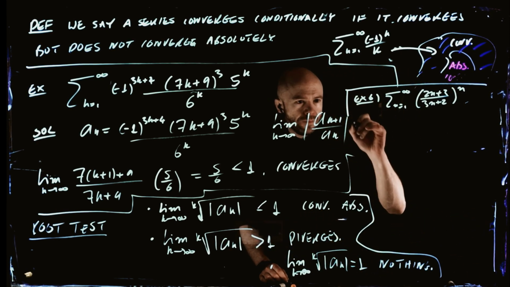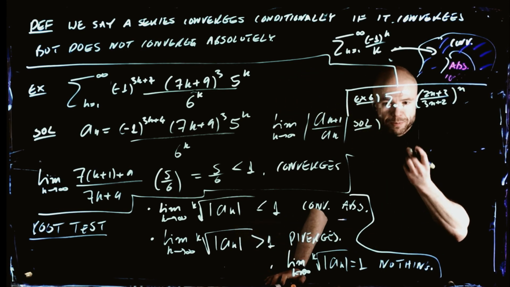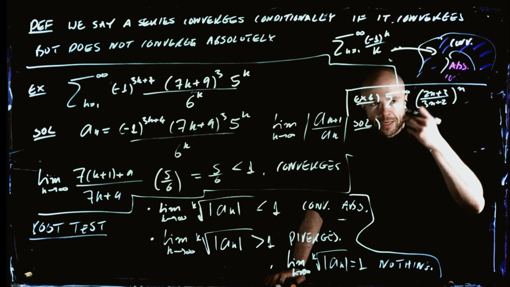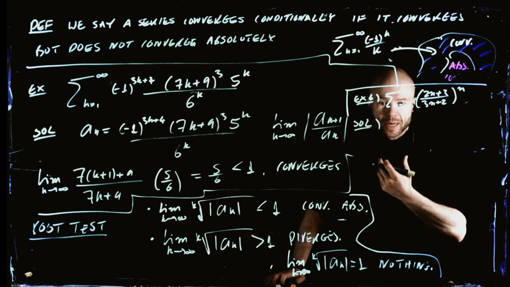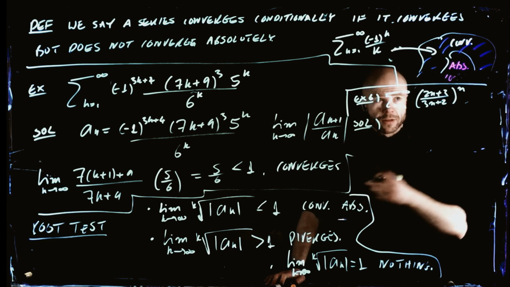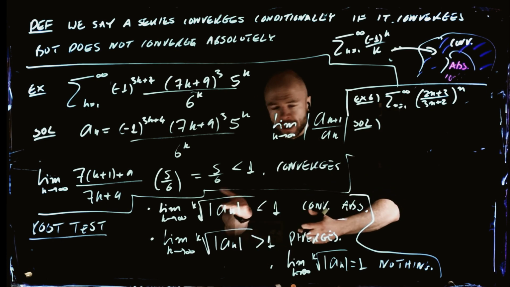Okay, so, solution. What you should be thinking is that, as n gets very, very big, the stuff inside the bracket is an awful lot like just 3 over 2, to the n, which is like a geometric series. Again, in its bones, this thing looks like a geometric series. And the fact we have a power n of everything means that if we take the nth root, this thing really simplifies.